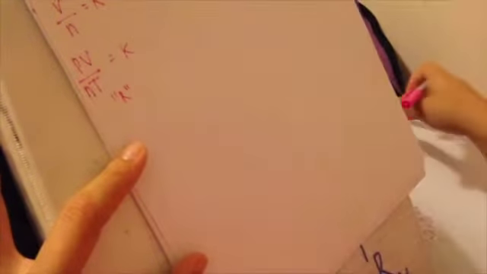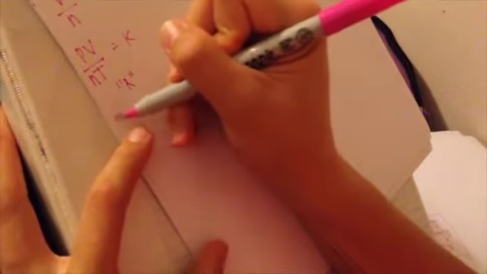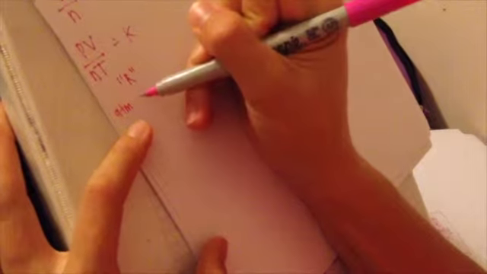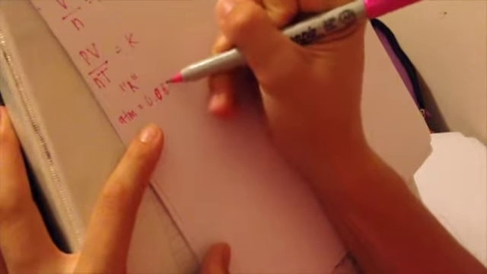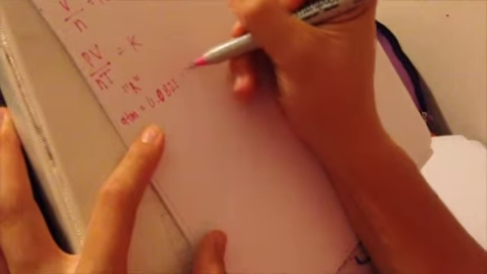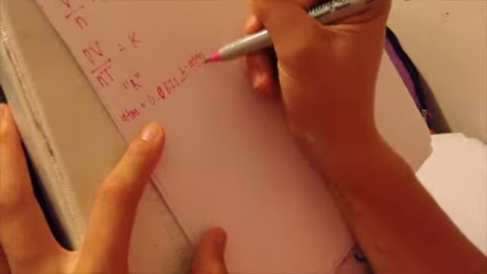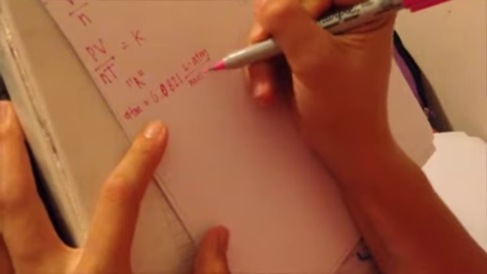And then when we factor in R, which is the ideal gas constant, that finishes the ideal gas law. R's units are dependent on the units of the pressure in your problem. So if your pressure is in atm, your R will equal 0.0821 liters times atm over moles times Kelvin, because T is always in Kelvin.